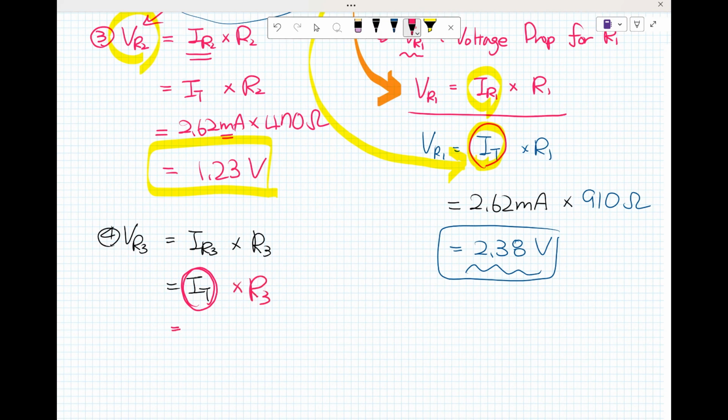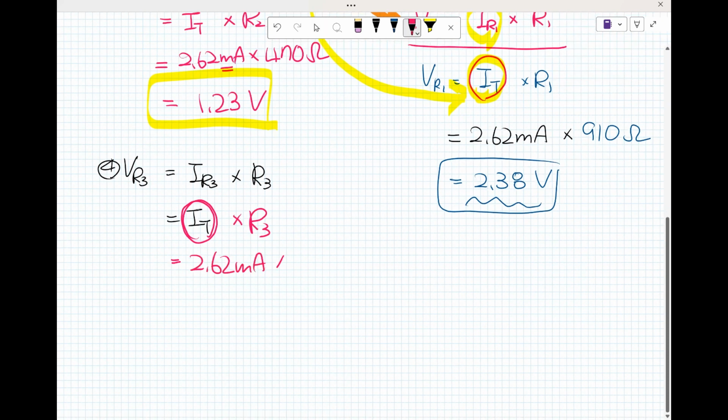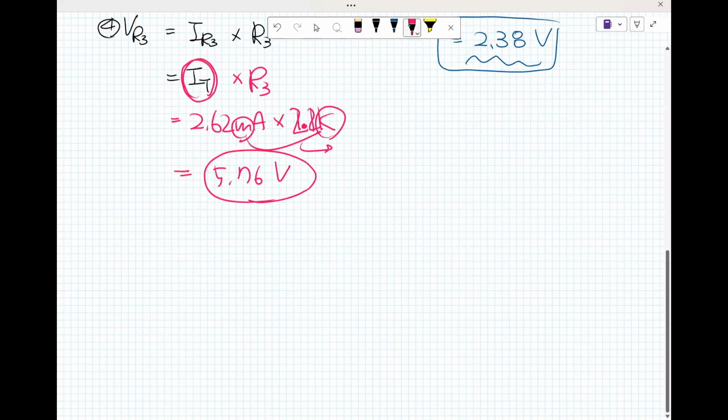Now for R sub 3, I sub T is 2.62 milliamps multiplied by R sub 3, which is 2.2 kilo. Sorry about that. So finally, that was 5.76 volts.